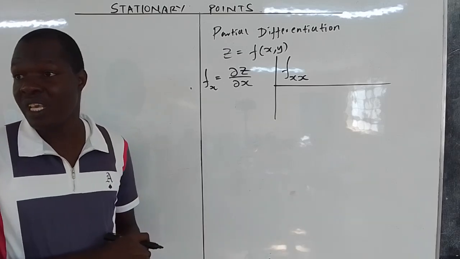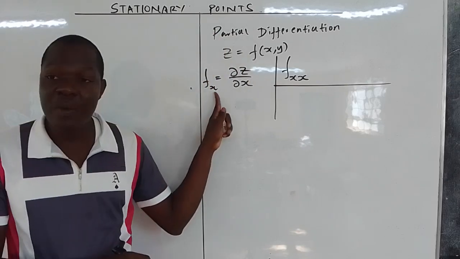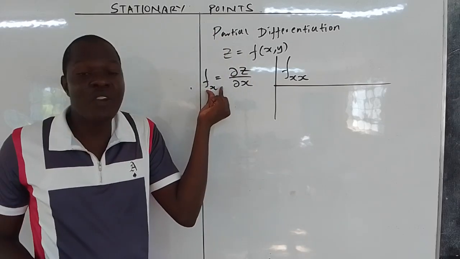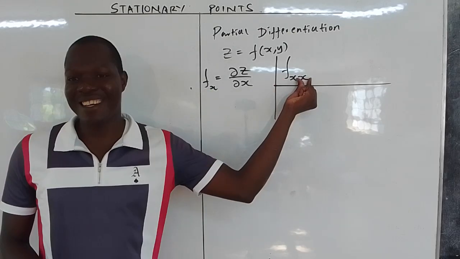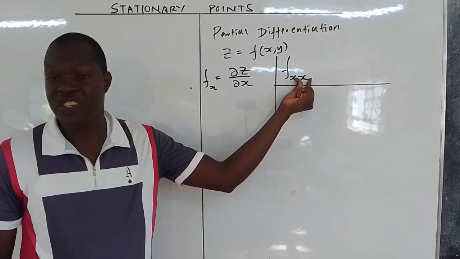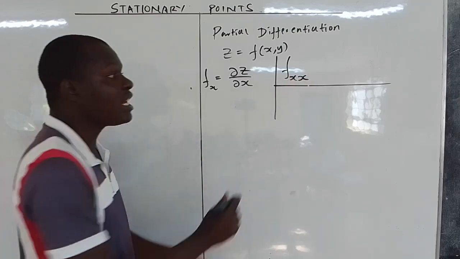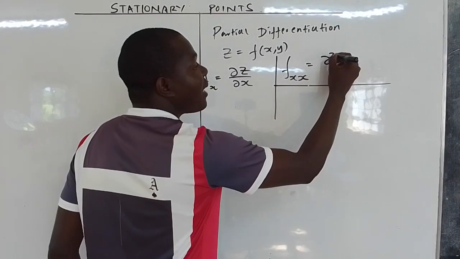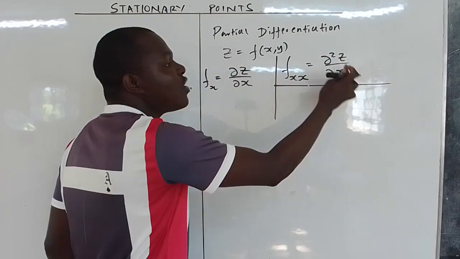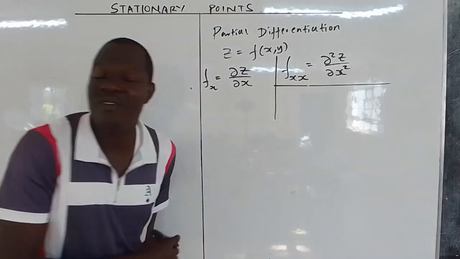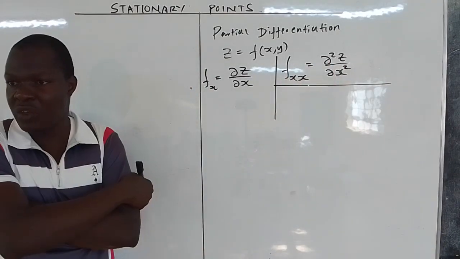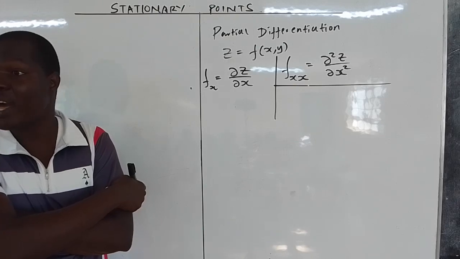So the second time, differentiating partially with respect to x again, is the same as partial squared z over partial x squared. This notation is the same as that.